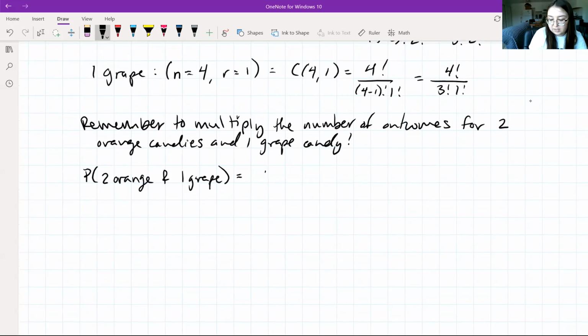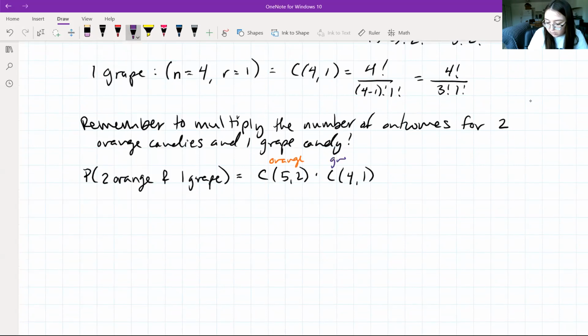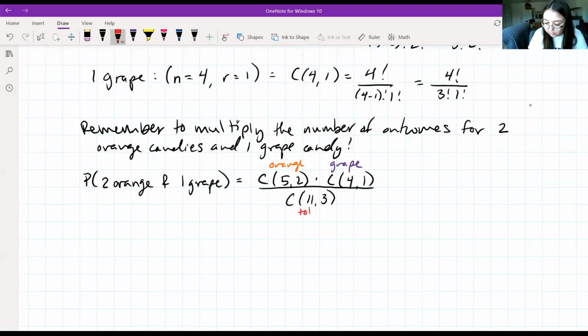This is going to give us our combination of 5, 2, which is orange, multiplied by our combination of 4, 1, which is grape. And then we're going to divide by a combination of 11, 3. And remember, this is going to be our total.